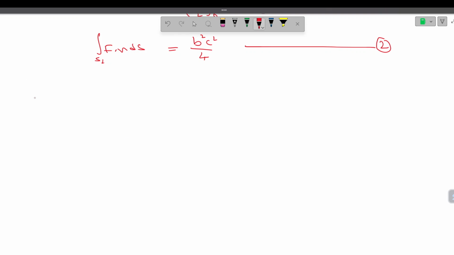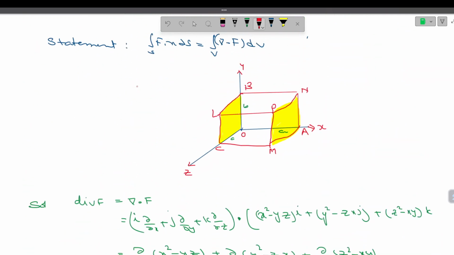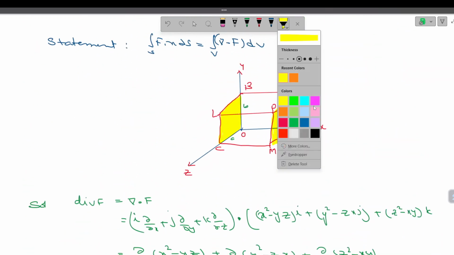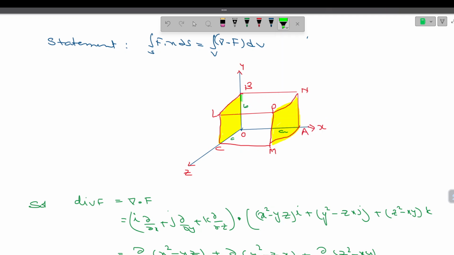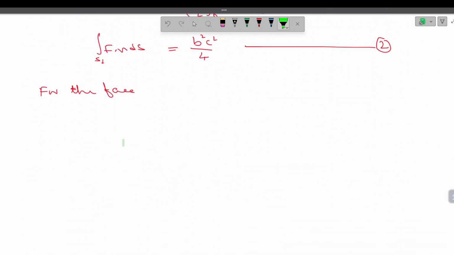Now for the face 3. For the face y, we have to go for this part. For the face LBP, anyway you can take.